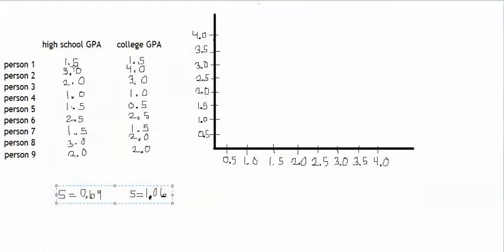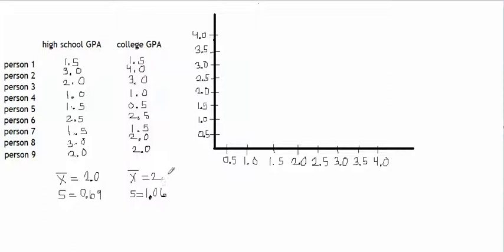If you add these 9 numbers and divide the total by 9, you get 2. The symbol for a sample mean is an x with a bar above it. It's called x bar. It's 2 here. It's 2 here. They both came out to 2.